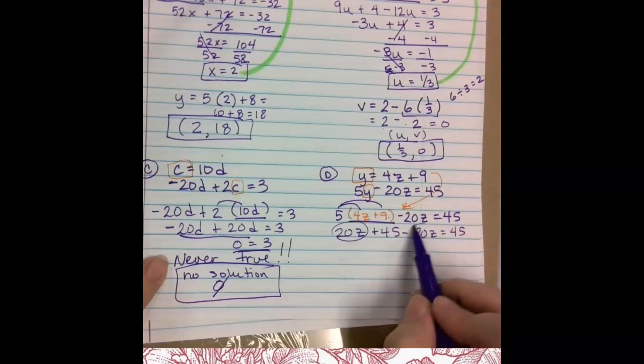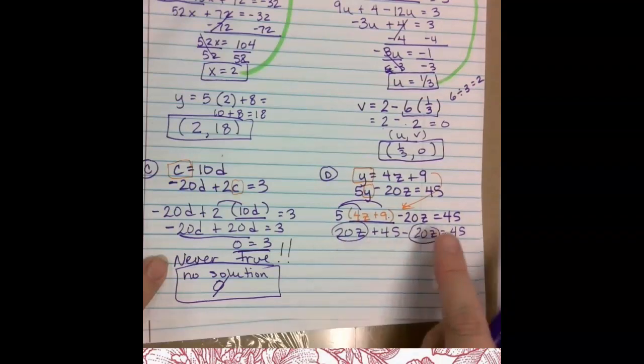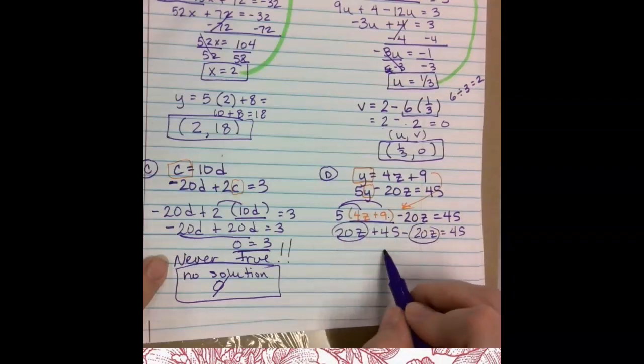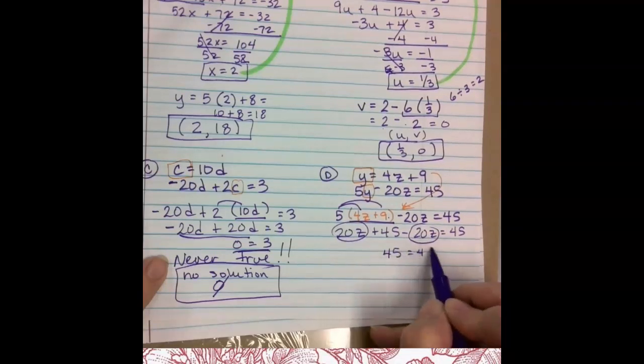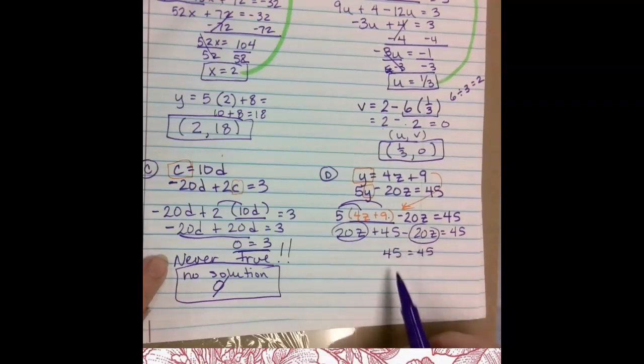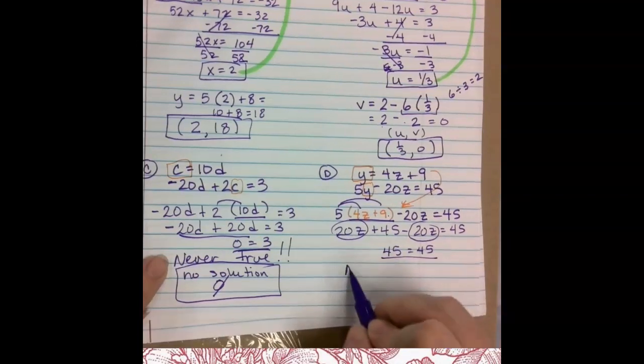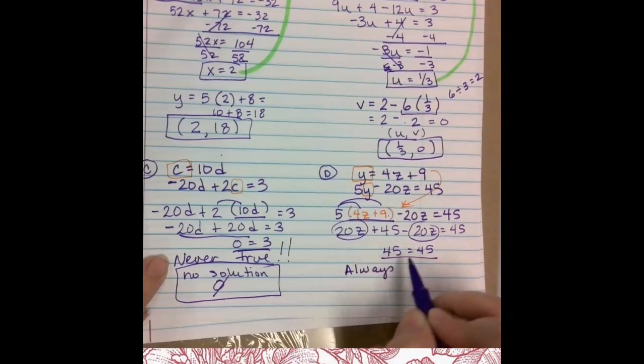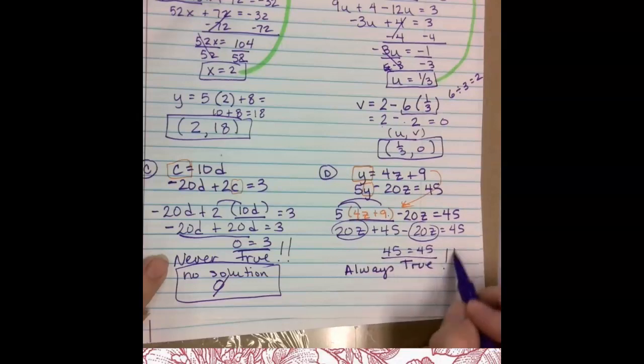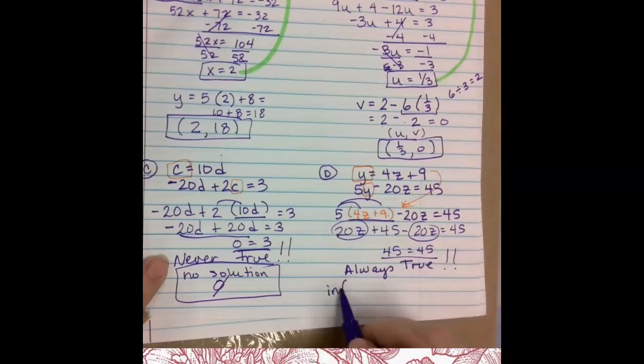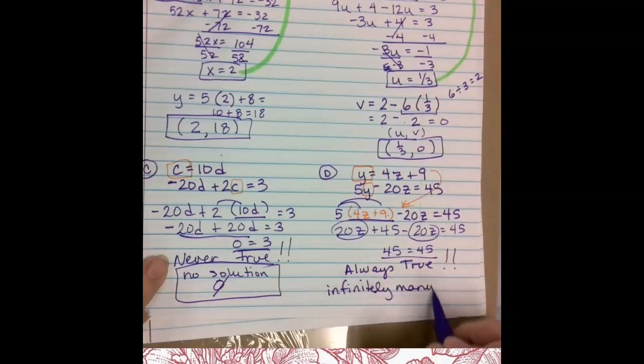Combine my like terms, which are these two. 20z and negative 20z is 0, and I get 45 equals 45. If I get something like this that is always true, then my answer is infinitely many solutions.